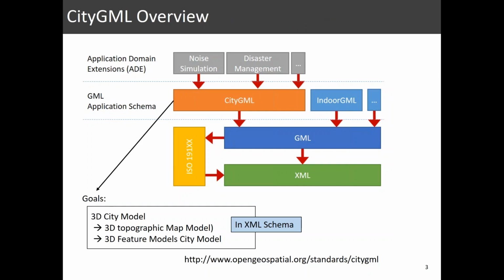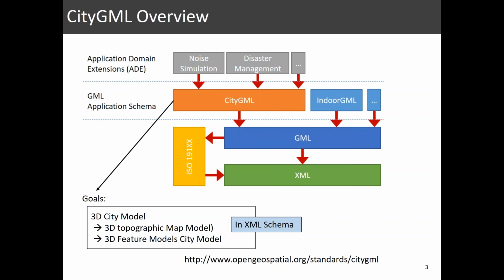CityGML is an application schema defined on the top of GML, a geographic markup language. And GML is also an application of XML. The basic data model defined in GML comes from ISO standards defined by ISO TC211, like ISO 19107 for spatial data model, or 19109 for application schema, and so on.